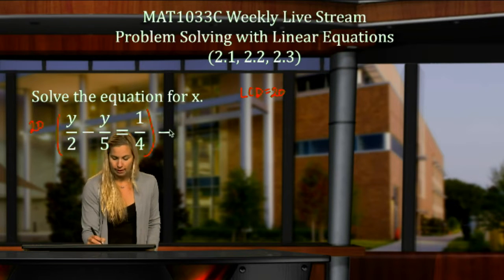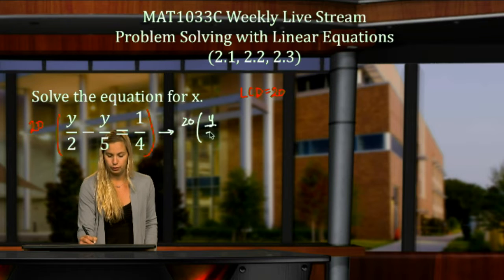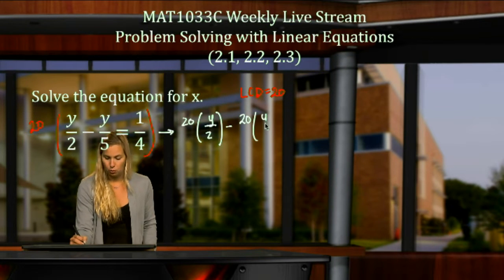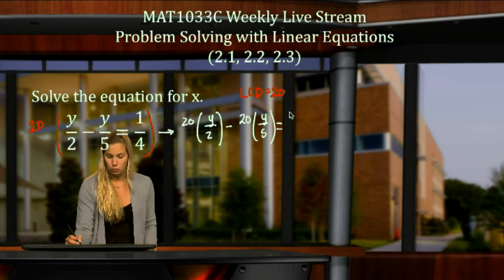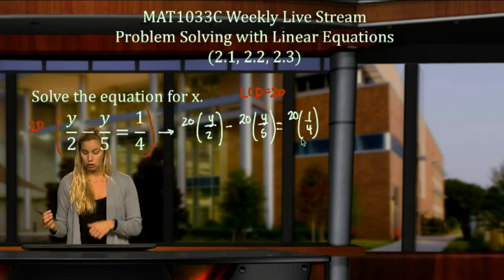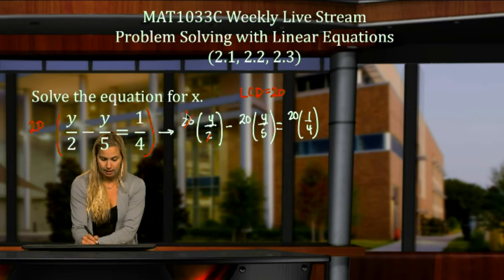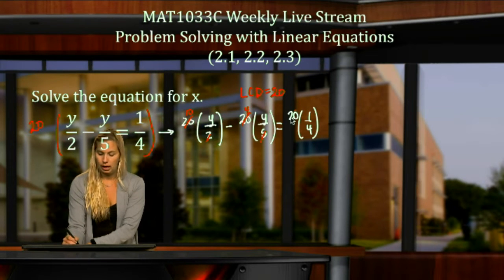So to show that step, I'm actually going to write it out. 20 times y over 2 minus 20 times y over 5 equals 20 times 1/4. And this allows me to simplify each term individually. 20 divided by 2 is 10. 20 divided by 5 is 4, and 20 divided by 4 is 5.